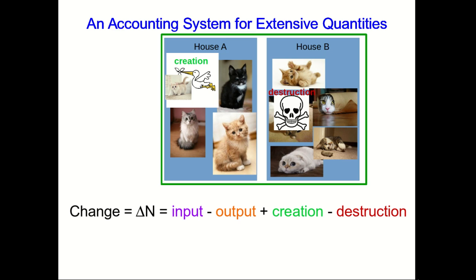So overall, between 2 times when we count up the number of cats in the house, there will be a change, and it has to be the input minus the output plus the number created minus the number destroyed. And this basic idea of input, output, creation and destruction applies to any extensive quantity.